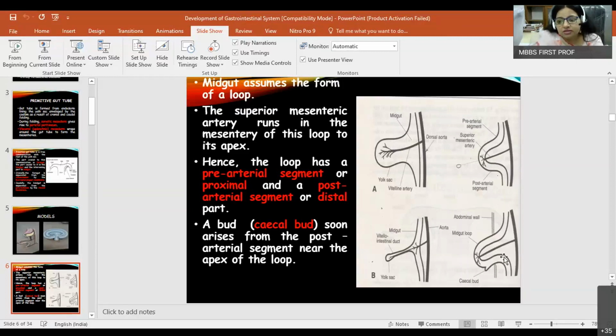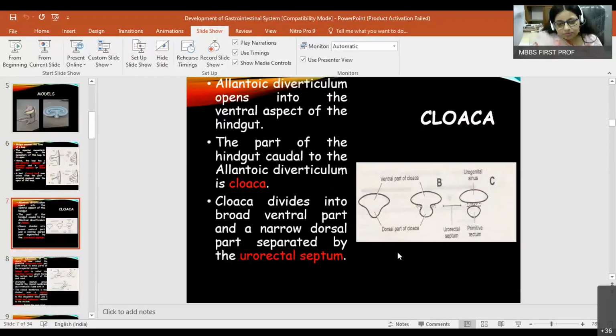In the post-arterial segment, there develops a bud that is known as cecal bud. It later forms the cecum. Clear up till now? Please respond. Yes, ma'am.